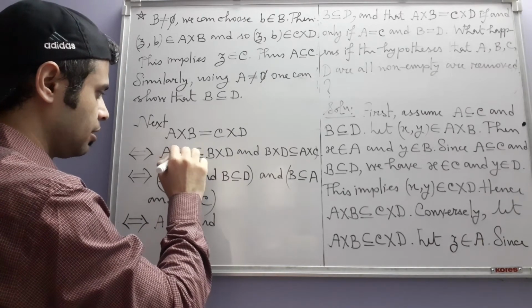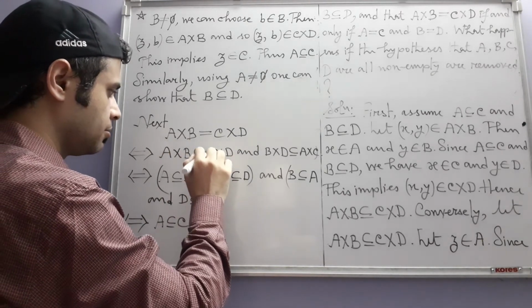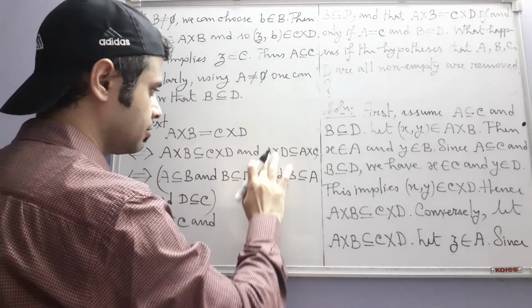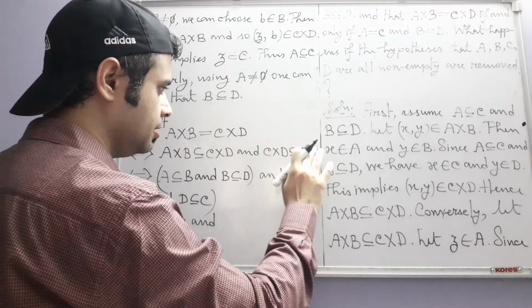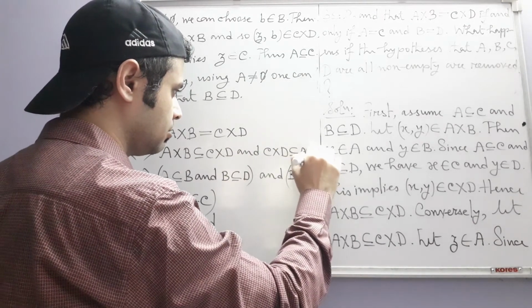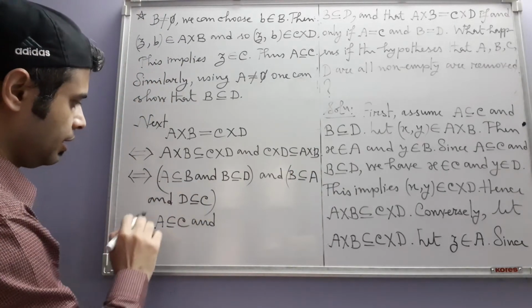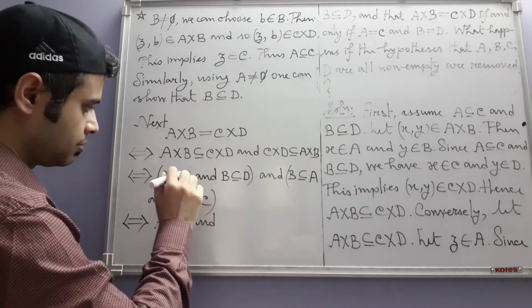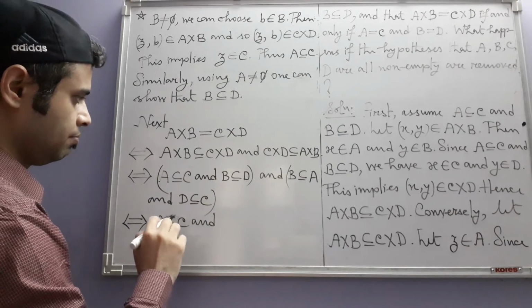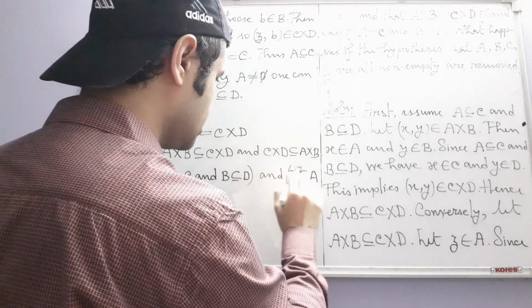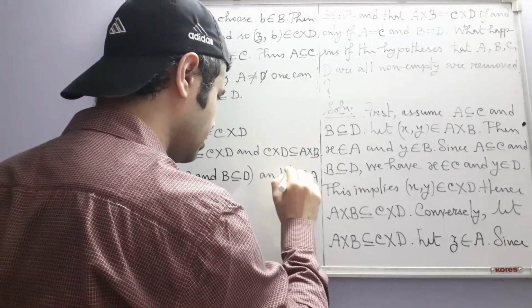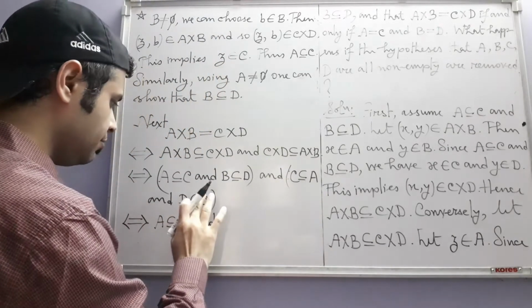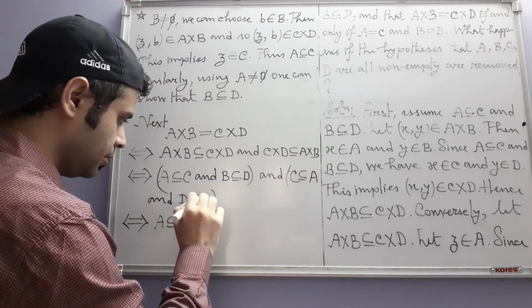So here we will have A, B, C, D. Here we have C, D and A, B. Now it's okay. So C will be a subset of A and D will be a subset of B.